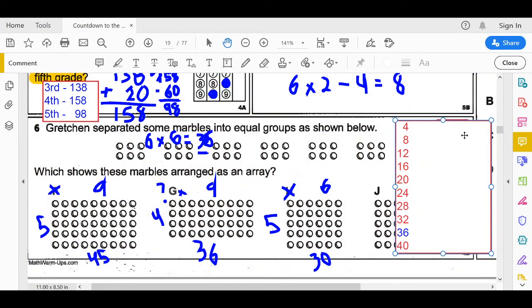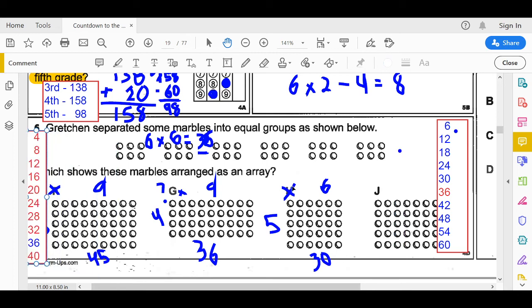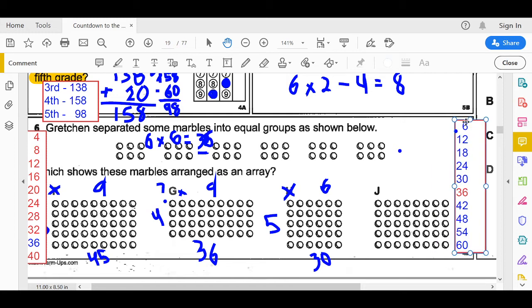So letter J. I cannot see the array because of this table, so I'm just going to change it over here. Tables of 4. And I'm going to move my tables of 6 right here. Let's see this array. We have 5 this side and 8 on this side on the length.